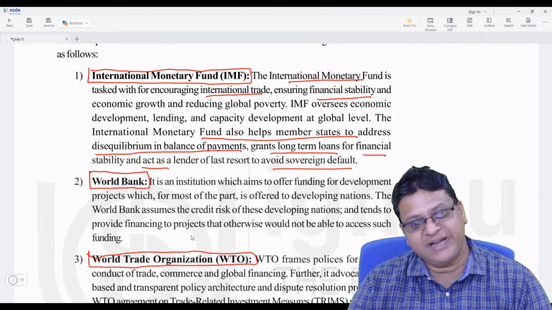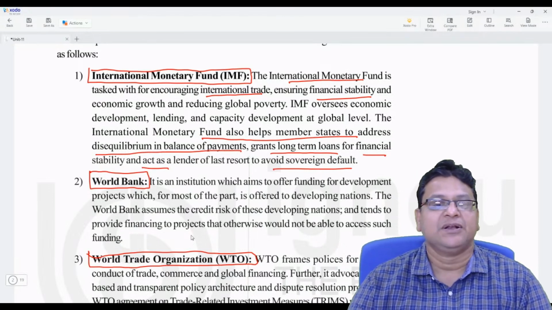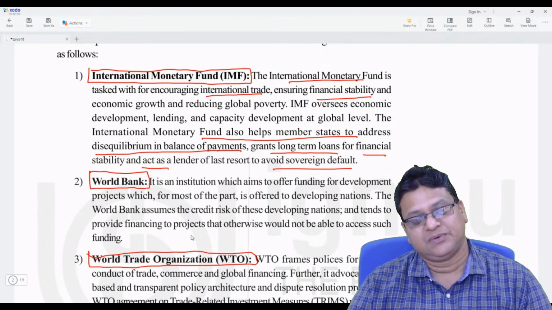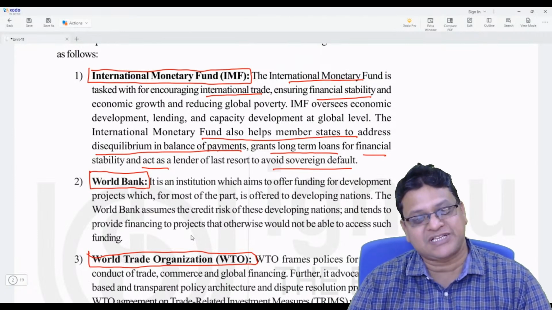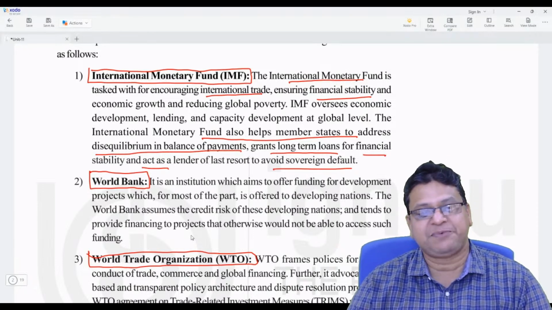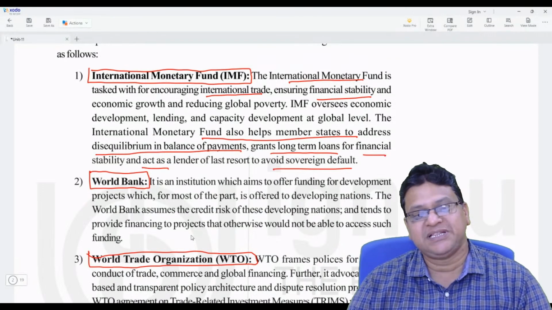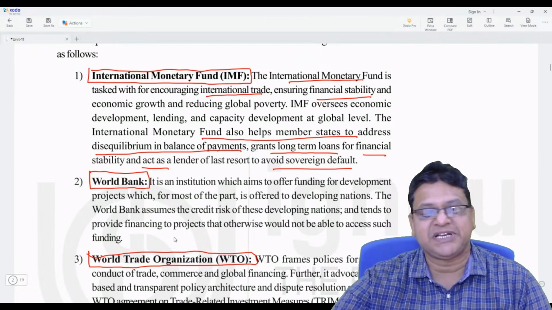So, in order to avoid a sovereign default crisis, IMF provides loans. The loans are provided only to the member countries which are facing BOP crisis, which are facing disequilibrium in their balance of payment statement. So this is International Monetary Fund.